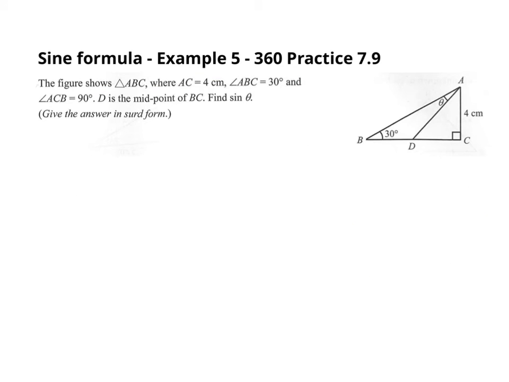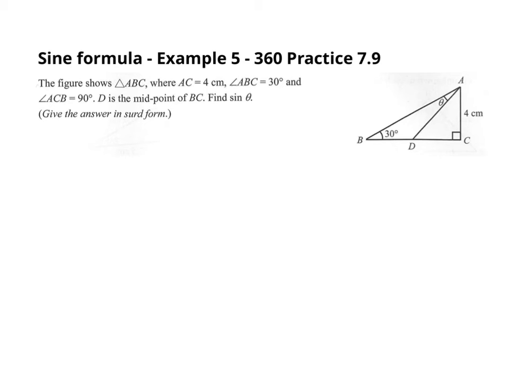Next, we are going to find sine theta using the triangle ABD. If we can find BD and AD, we can use the sine formula to find sine theta. In this figure, we have a right-angled triangle ABC. The right-angled triangle is very useful because we can use the sine, cosine, tangent to find length or solve the angles.